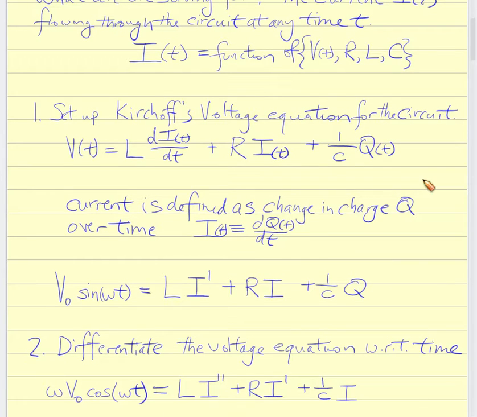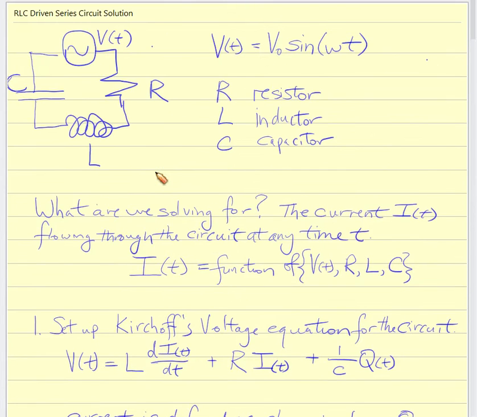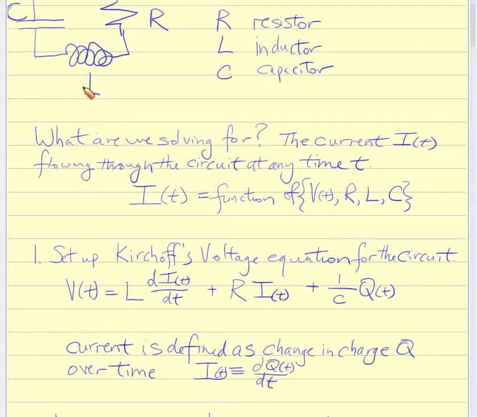There may be a more accurate or correct way of phrasing that, but the basic idea is we can set V equal to L times di dt, which is the voltage drop across the inductor, R times I for the voltage drop across the resistor, and Q over C for the voltage across the capacitor.